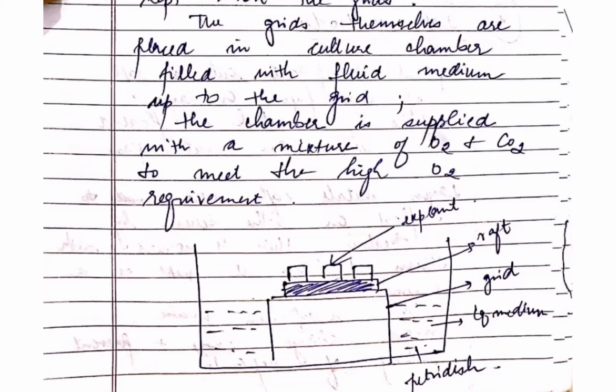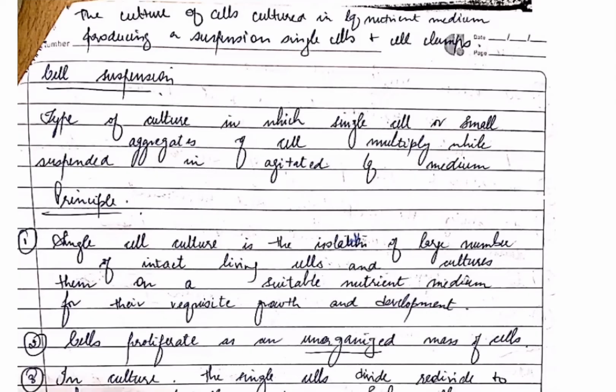Next type of culture is cell suspension culture. In this type of culture, a single cell can either be isolated from the callus or any other part of the plant, that can be a leaf or any other part, and then that is cultured in liquid medium. And the culture is done by two methods, that is mechanical or enzymatic.